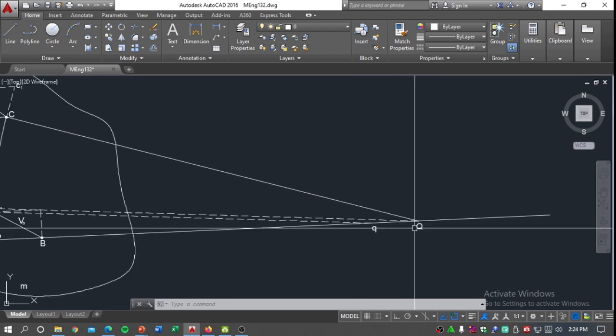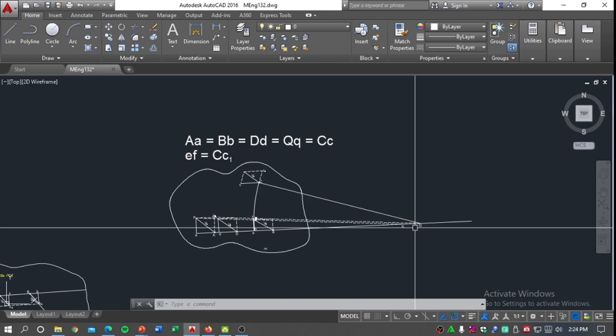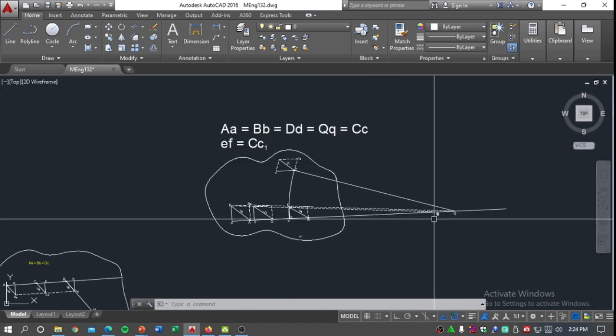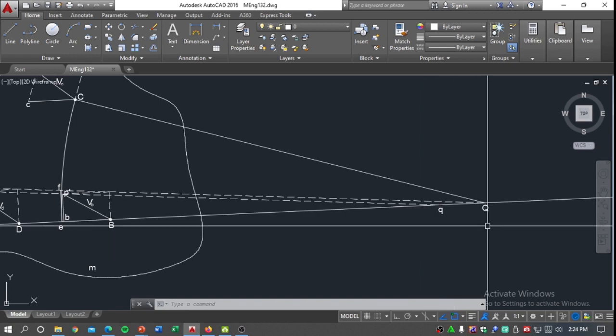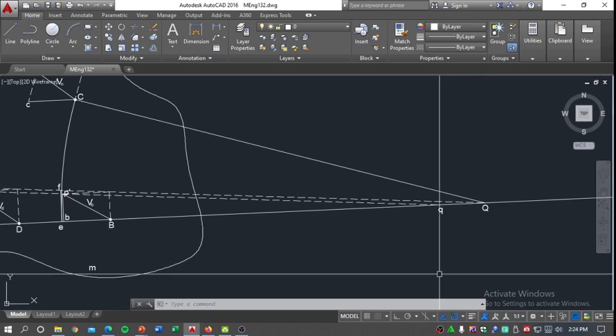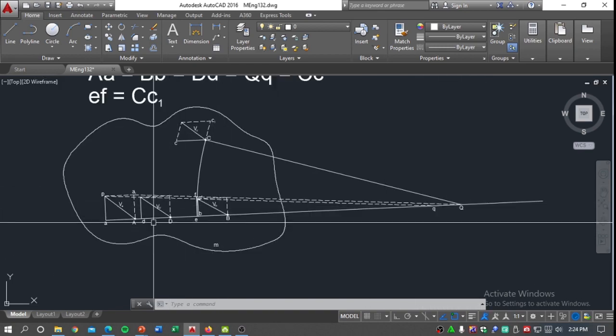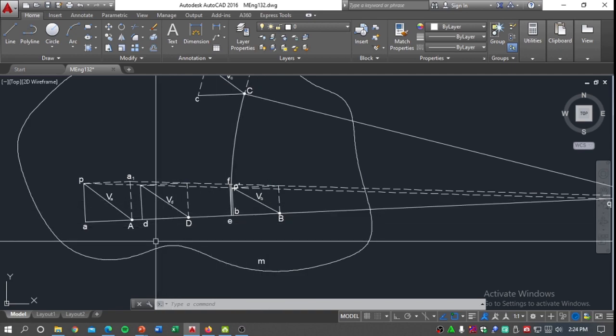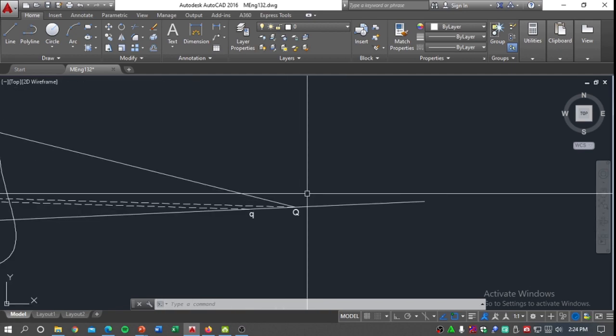So this point Q is now the axis of this body M. Okay, but before proceeding with obtaining the velocity of point C, we first check if this length is equal to the components BB, DD, and AA.